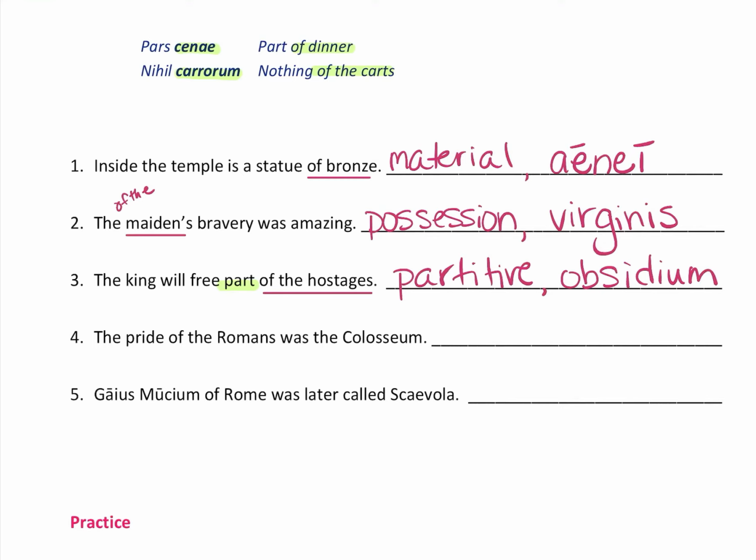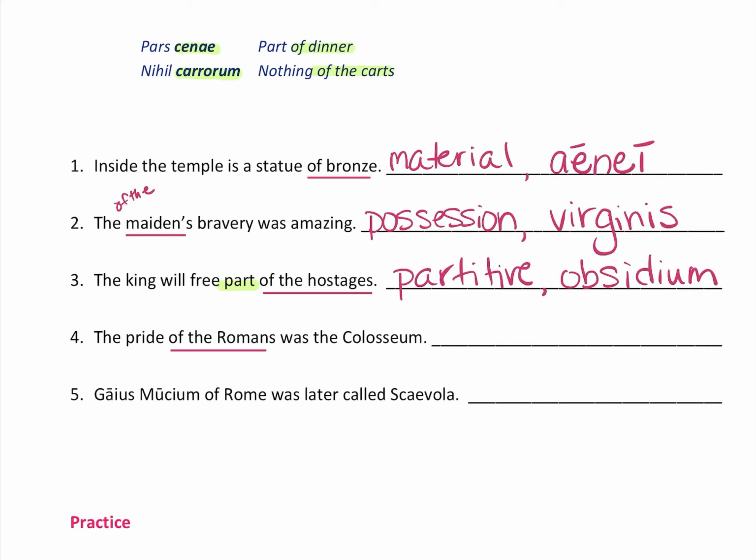Okay, the pride of the Romans was the Colosseum. This one's pretty easy too because we've got an "of the Romans." Now, we can go through them. Is the Romans made out of pride? No. Is it part of the Romans? No. Is it origin? No, the Romans are not from the pride, right?